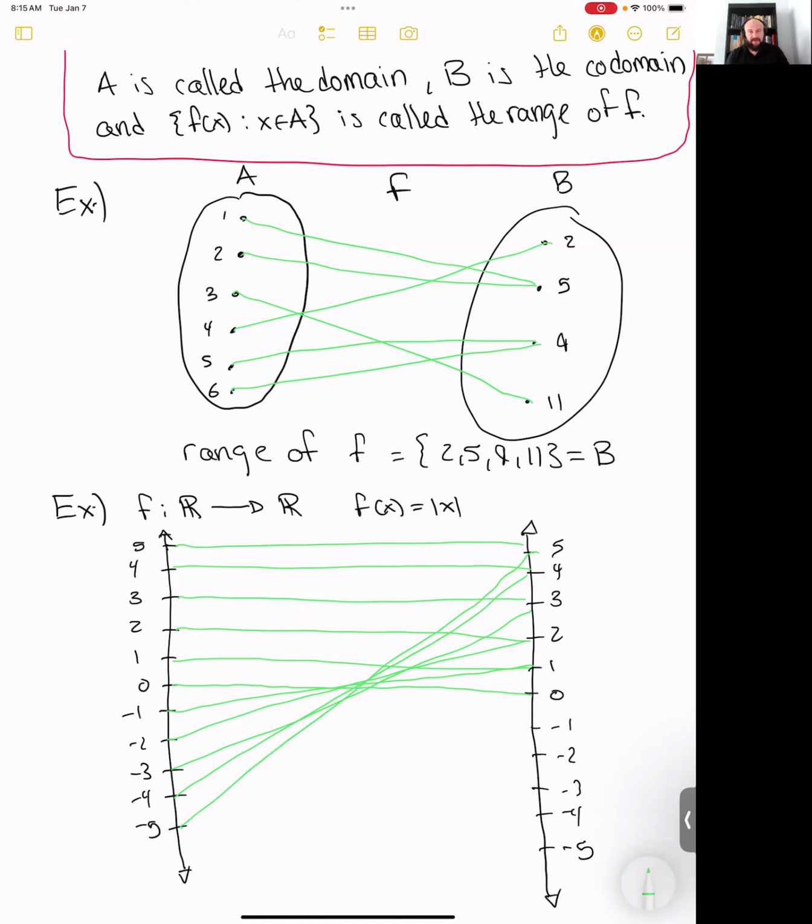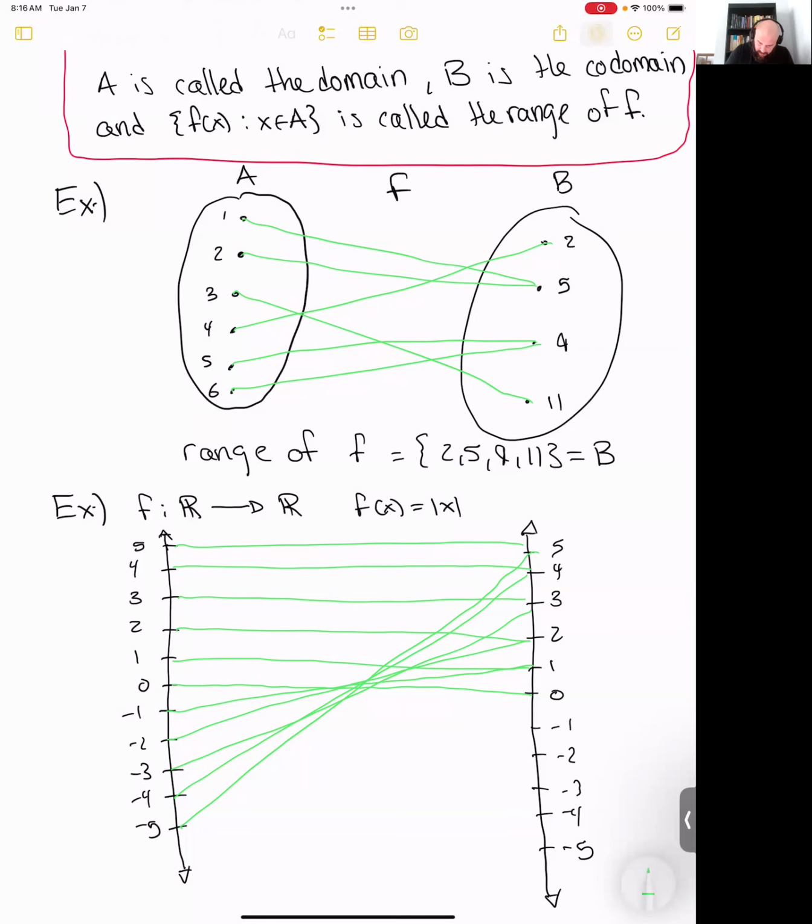So what you imagine here is that you take the real line and you're folding it over on itself in this picture, right? If I imagine this function is going from the domain to the codomain, I fold over the real line, and the crease when I fold it is at 0.